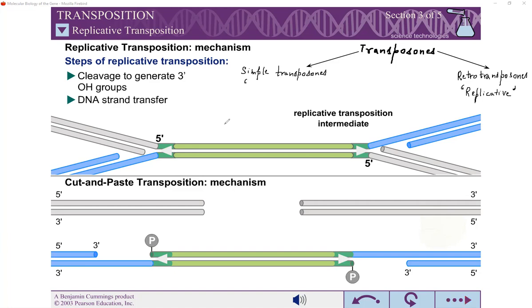But here, what we found is that the simple transposons can be conservative as well as replicative. Simple transposons can be both.